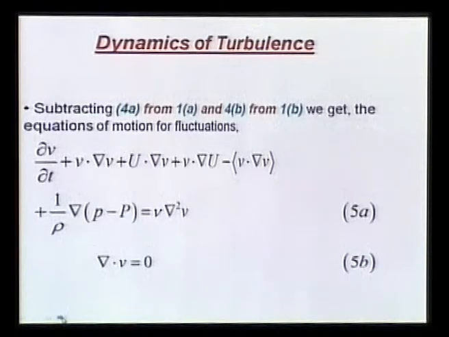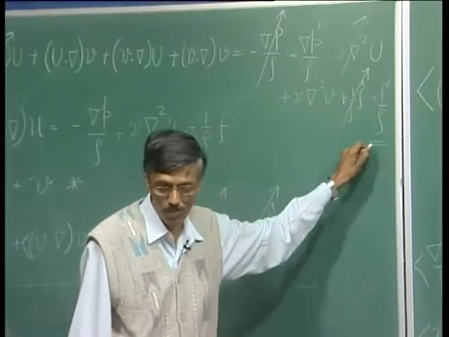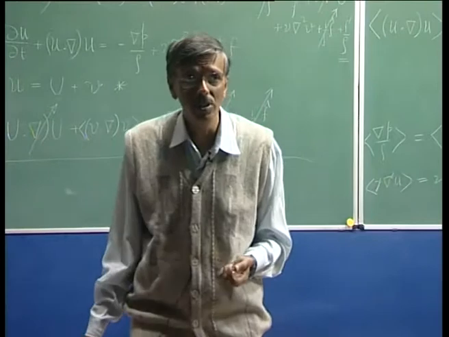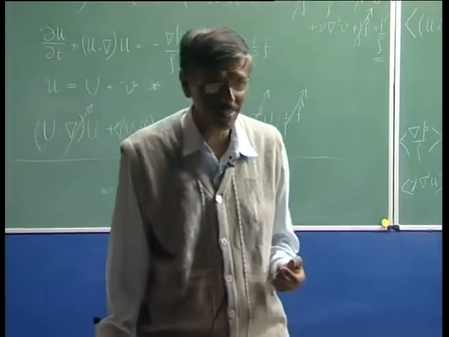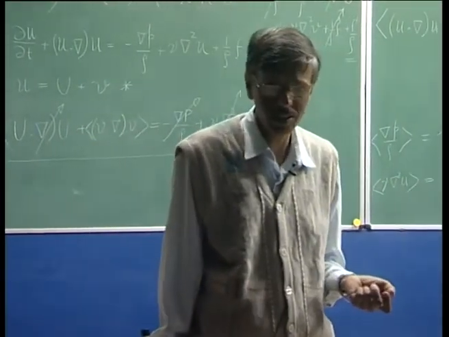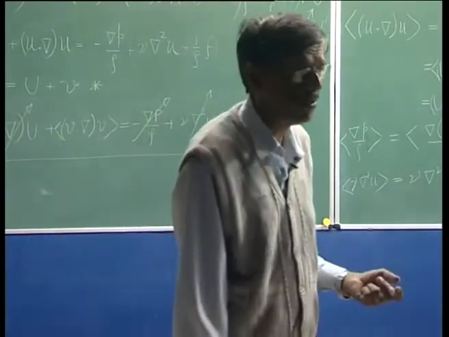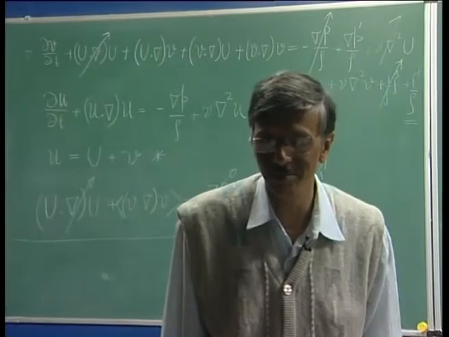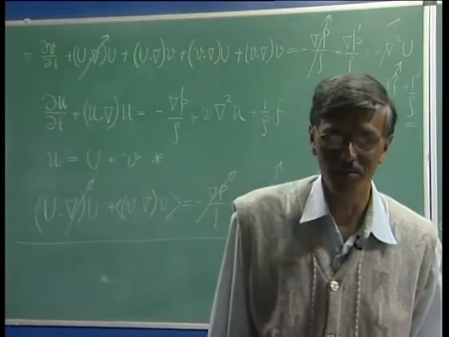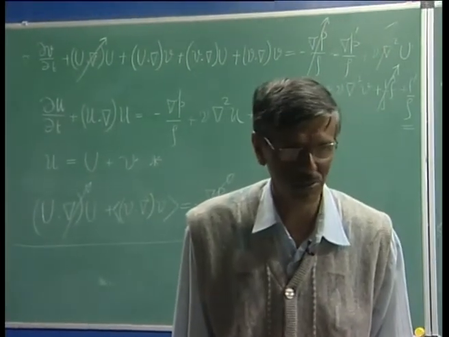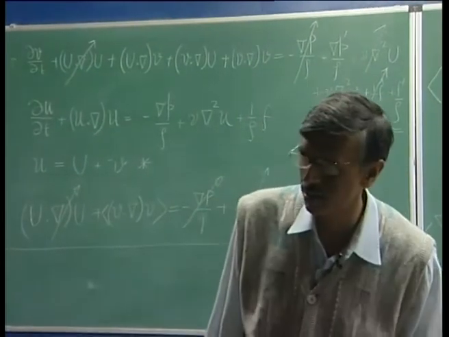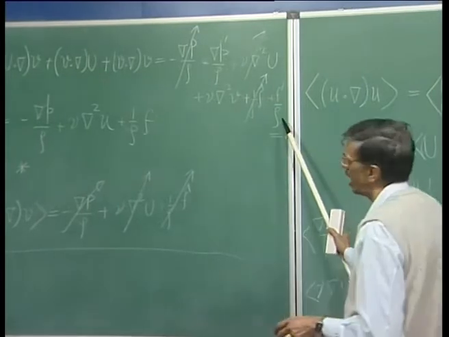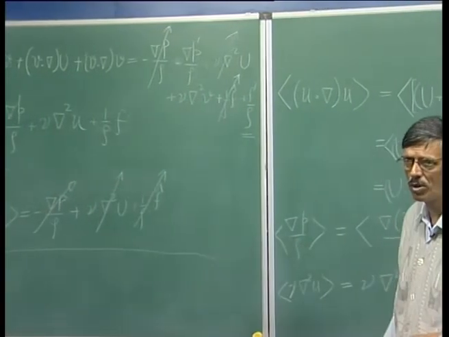So this is something that we understand, but I must also remind you that we can talk about a fluctuating body force itself, and this is what you do in the Fokker-Planck equation in physics, but we are not going to go through that route. So we will not talk about the Fokker-Planck equation, but we will simply say there is no fluctuating body force.